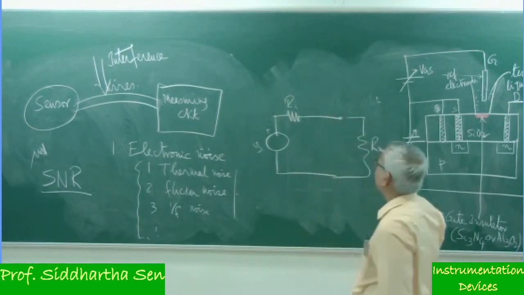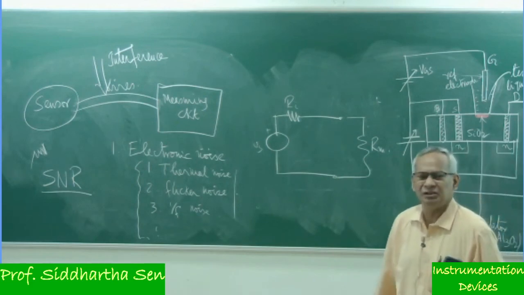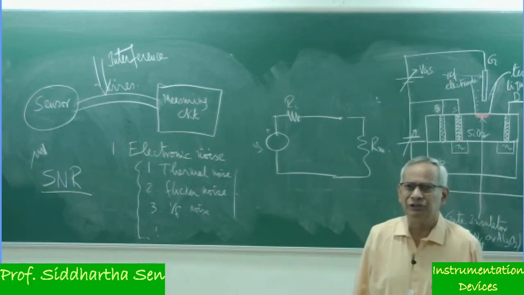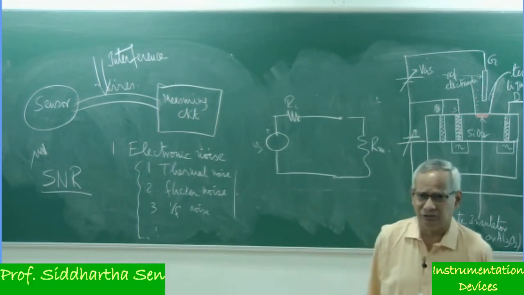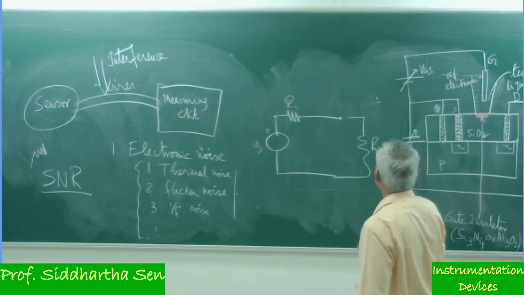But sometimes it may happen, particularly with the pH electrode we have already seen, that its Ri is in the gigaohm range.